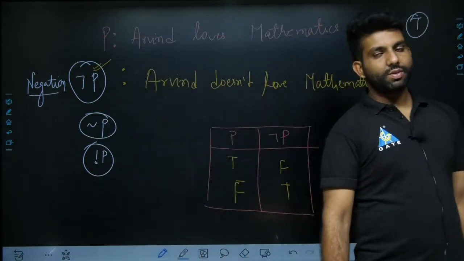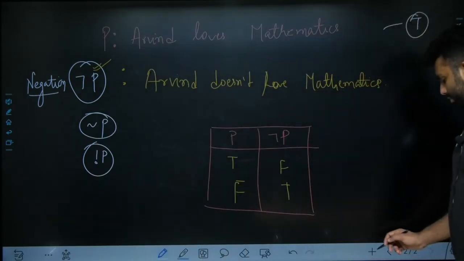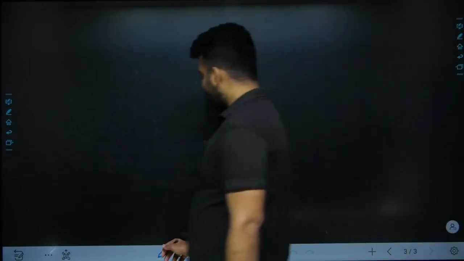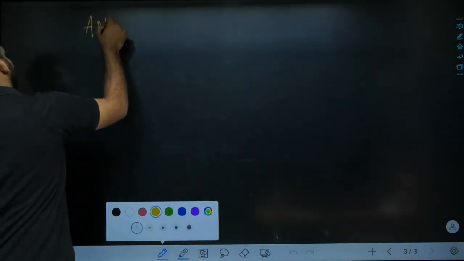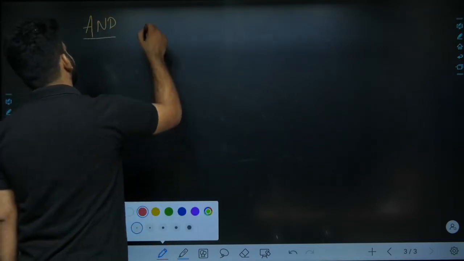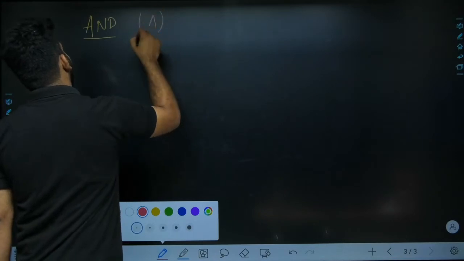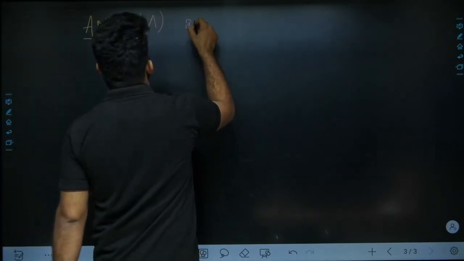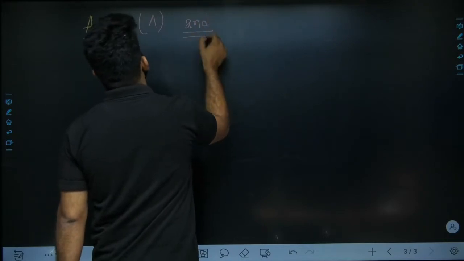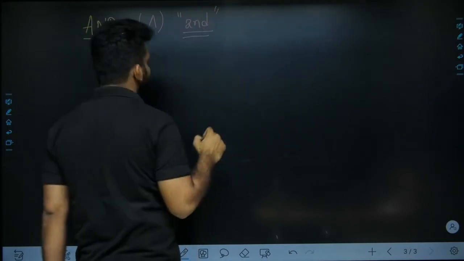Let's move on to the next one. The AND connective. The symbol for this one is this. When we have sentences in English, we write or denote it by AND.